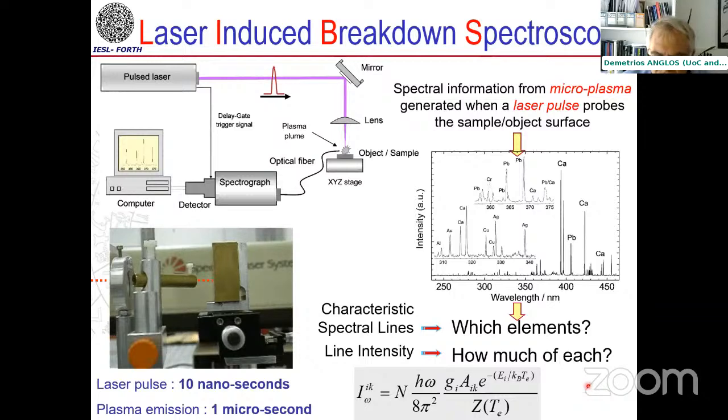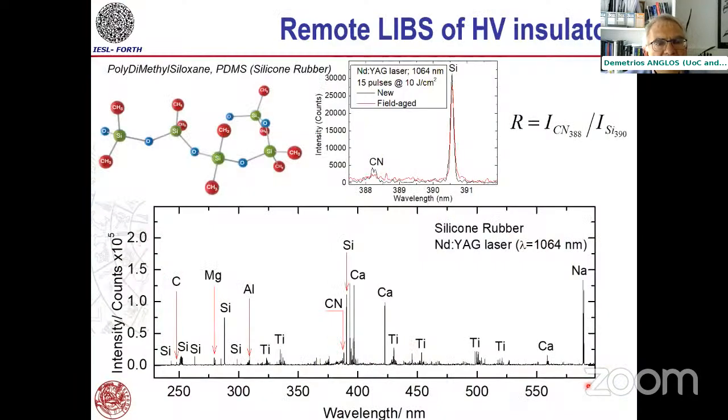So what we had with the insulator is that we get its spectrum. What you actually see is obviously silicon lines and also titanium and sodium, obviously from environmental deposits, because these insulators are close to the seashore.